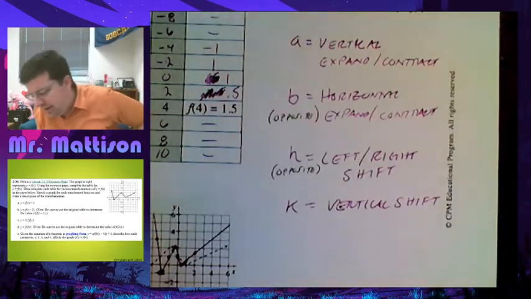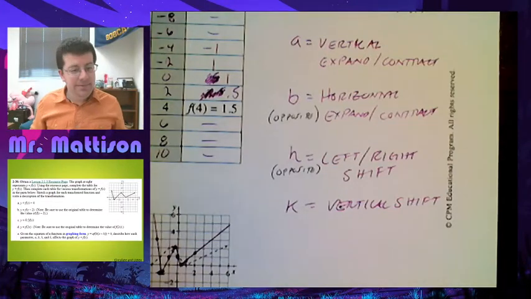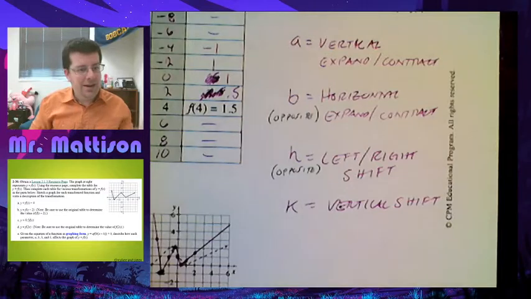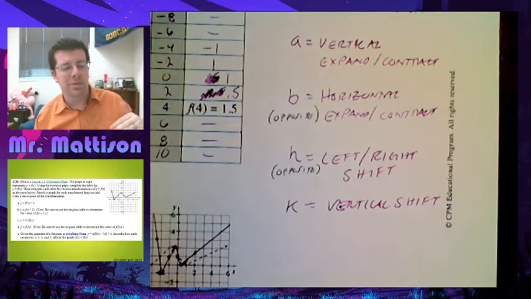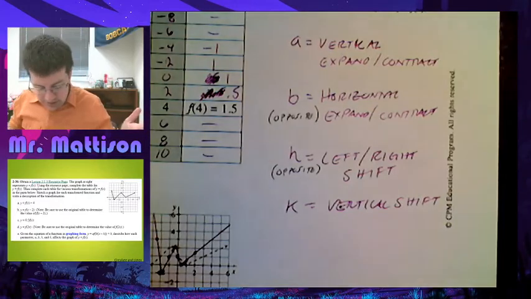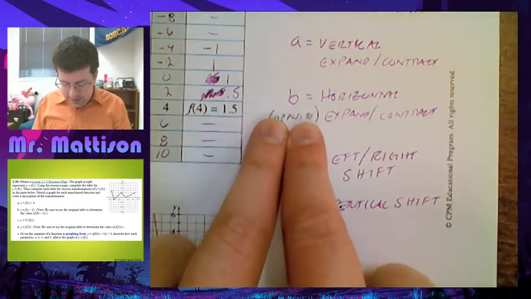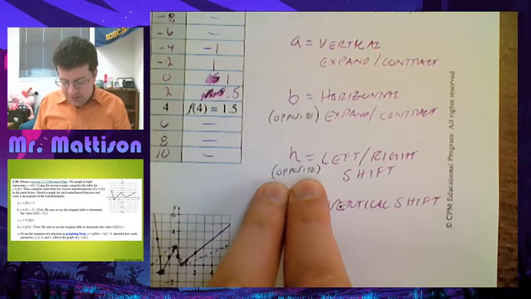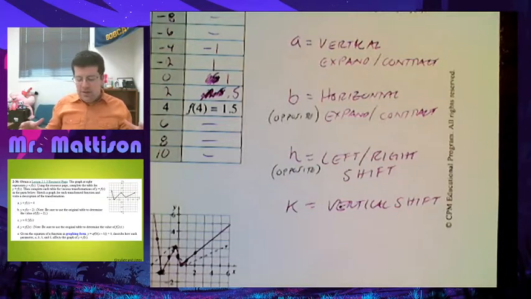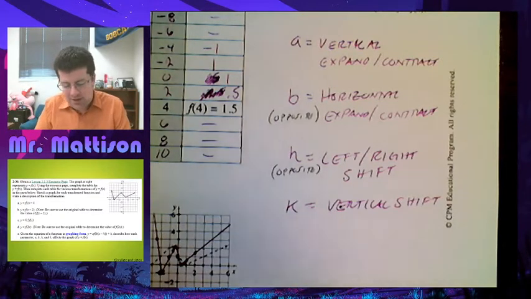So the general rule that I try and point out is if it is multiplying, it's going to be stretching or contracting it. If I'm adding or subtracting, that's when I'm going to be moving left, right, or up, down. Those are my shifts. Right? And then both B and H, those are my horizontal parts, my left, right stuff. And those are always going to act the opposite of what you would naturally think.